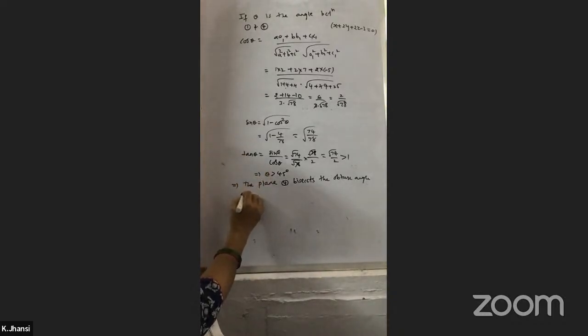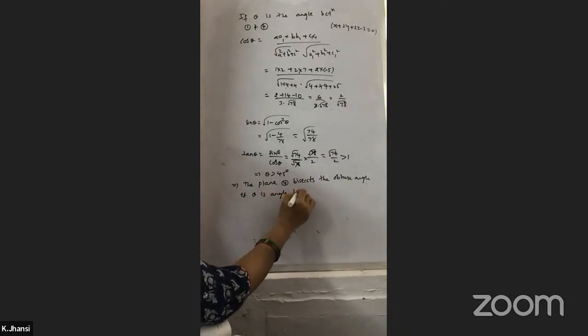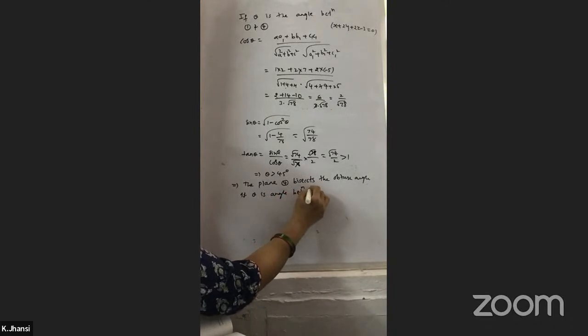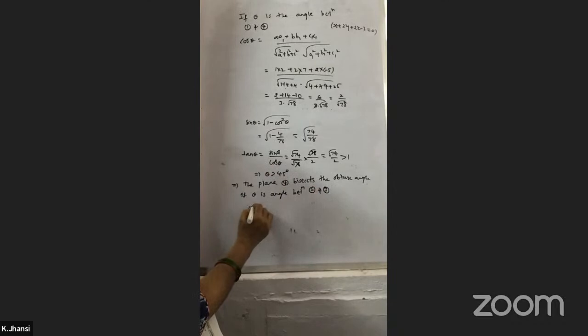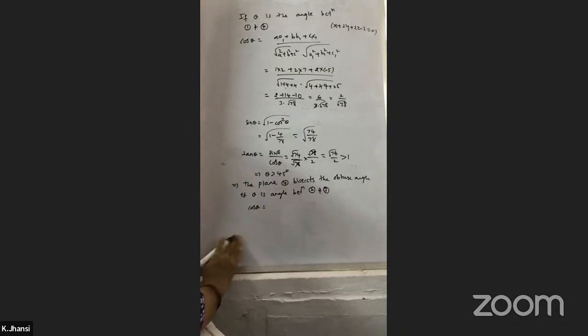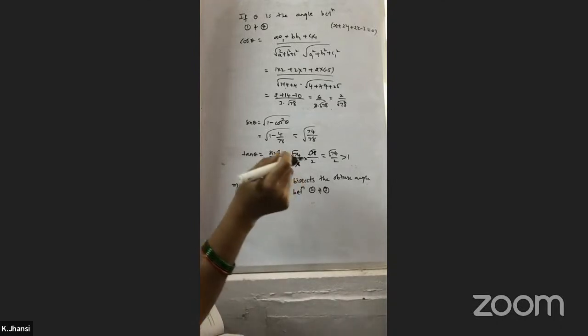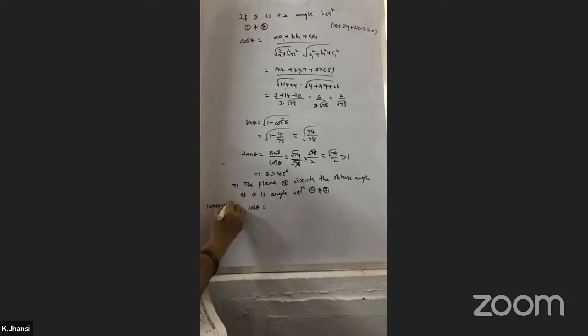So if theta is the angle between 2 and 3, then cos theta equals... What is the second equation? The second equation is 3x plus 4y plus 12z plus 1 equals 0.